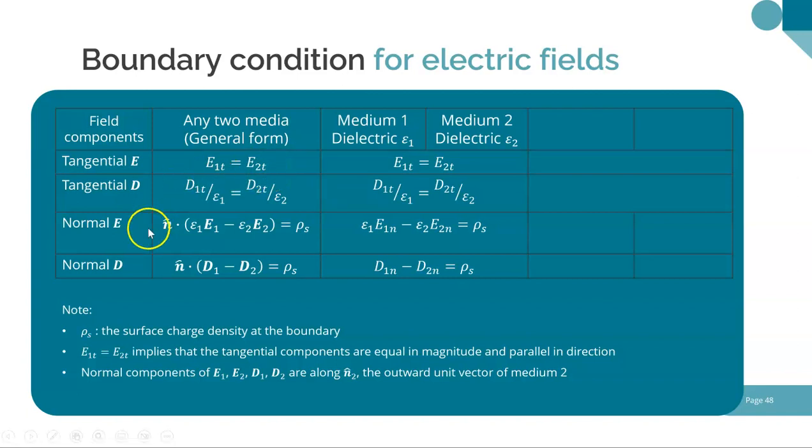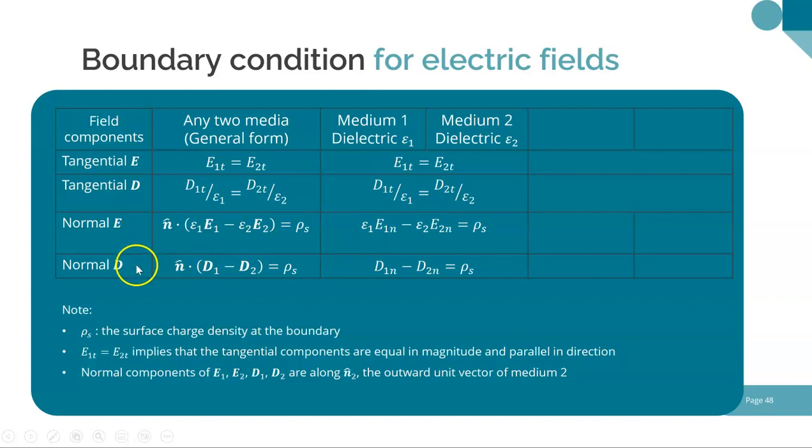Alright, okay, and then we have tangential D, so you have D1T over permittivity 1, which is equal to D2T over permittivity 2. D1 here refers to medium 1, and D2 refers to medium 2.